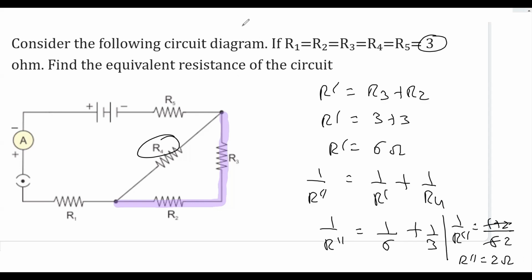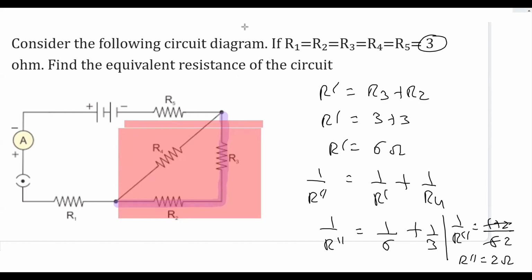Now, R double dash, as I said, is the equivalent resistance of the region I am shading, that means this whole region. Now check how this R double dash is connected with the other two resistors, clearly these two resistors, R1 and R5.